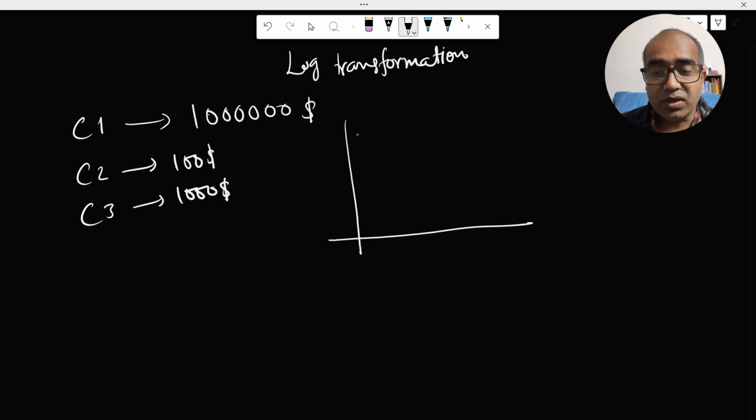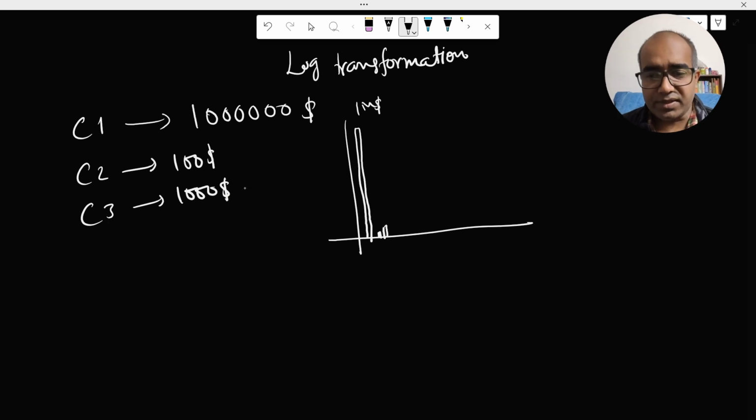We are creating a bar chart, for example. For $1 million, there is a bigger bar here. For $100, it is very, very small. And for the $1,000, you would have a bar like this.